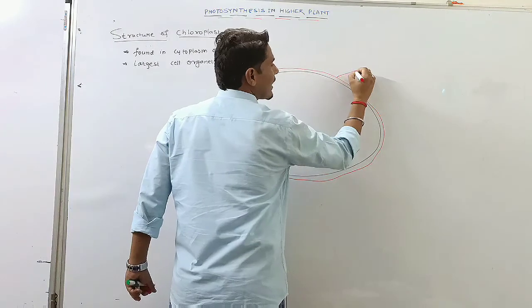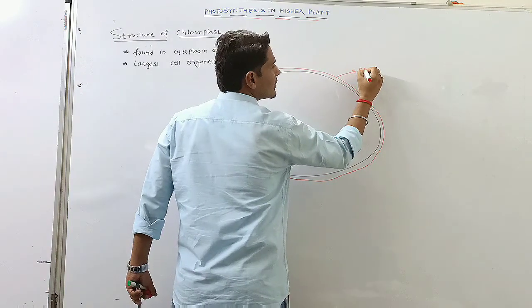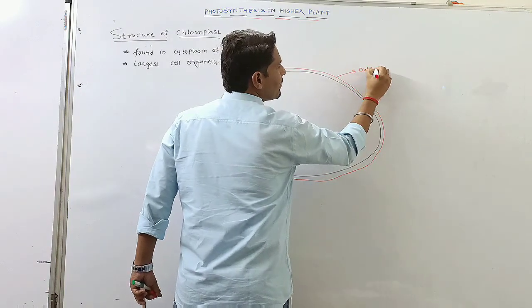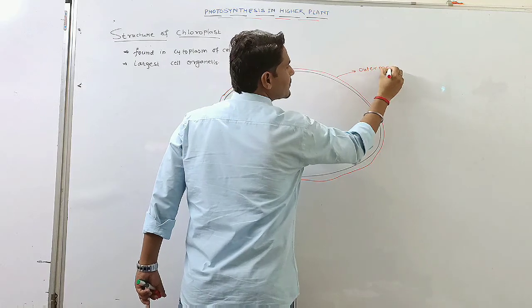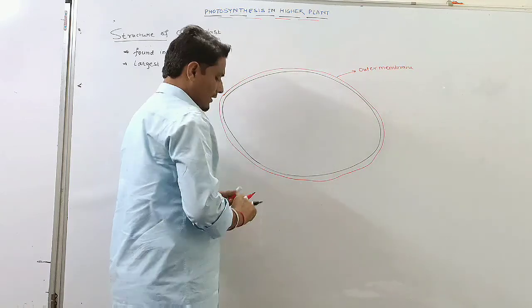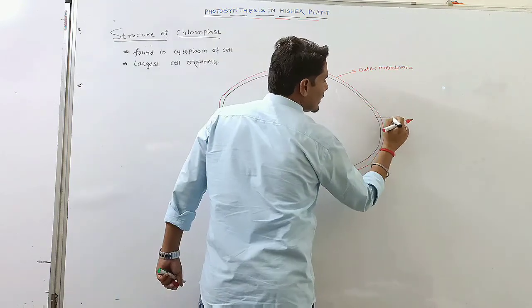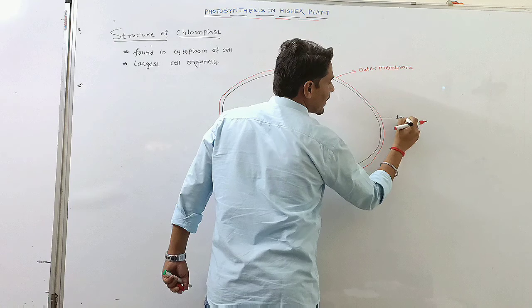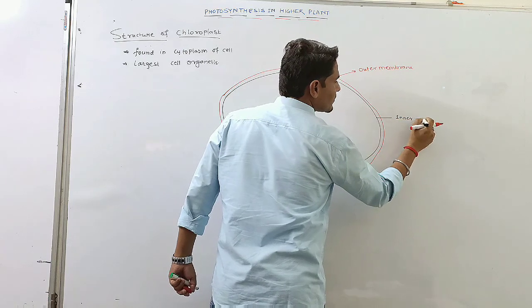So this red one is the outer membrane. Okay, then this black one is the inner membrane.